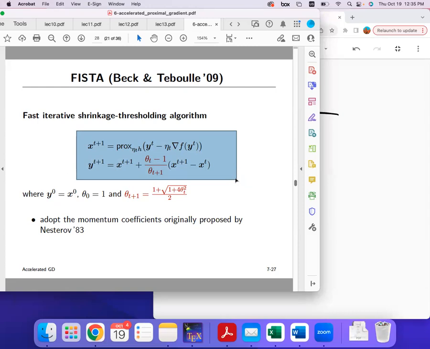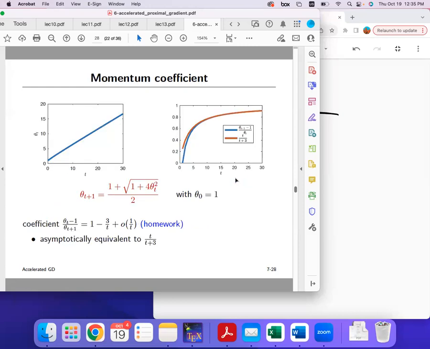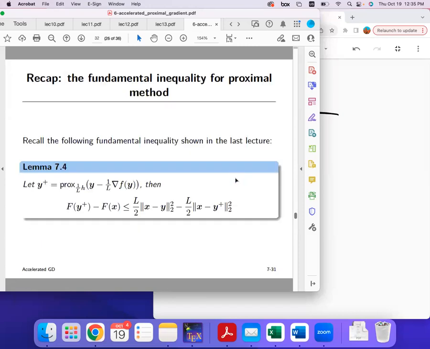So this is very different from the proximal gradient method. Therefore, we need to generalize this lemma to the accelerated setting.